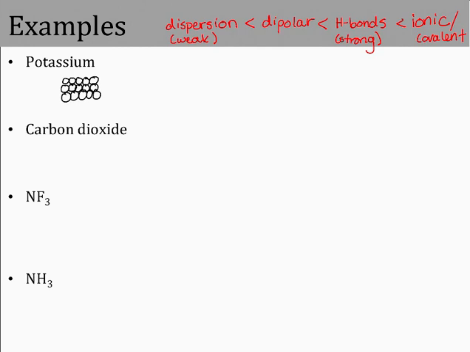So this would be a metallic bond. So remember, we would actually end up with positively charged potassium ions surrounded by electrons. And those electrons are just freely moving around and kind of holding everything together. So something like that.